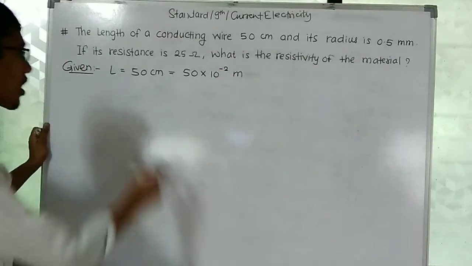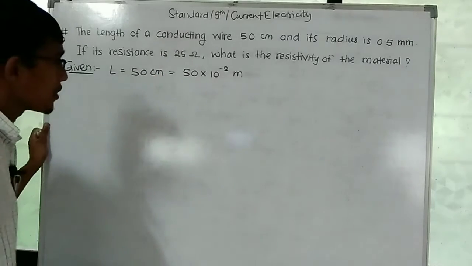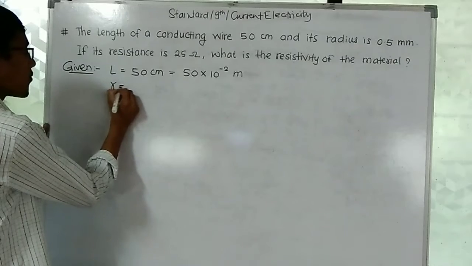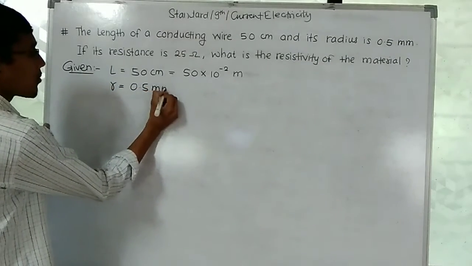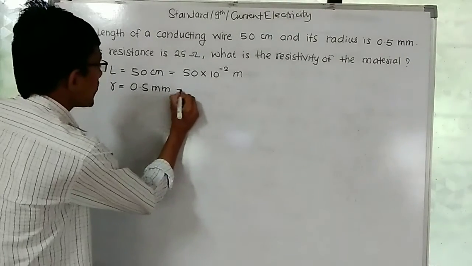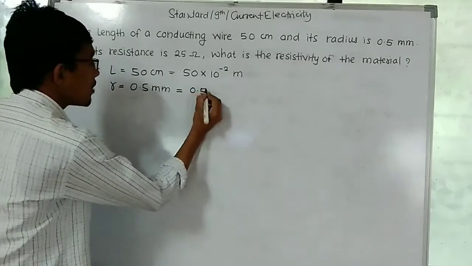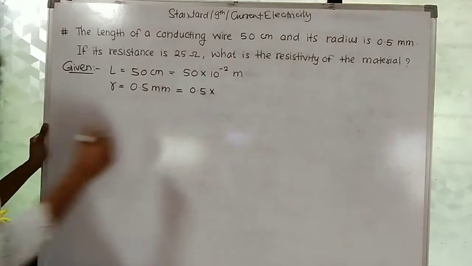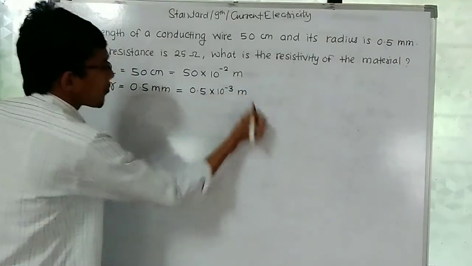The conversion of centimeter to meter is 10 raised to minus 2 meter. Then the radius is given, it is 0.5 millimeter. So again we will convert it into meter. So 0.5 millimeter can be written as 0.5 into 10 raised to minus 3 meter.